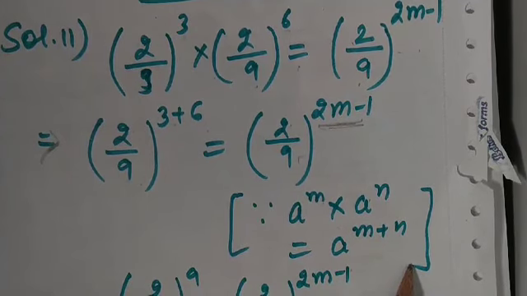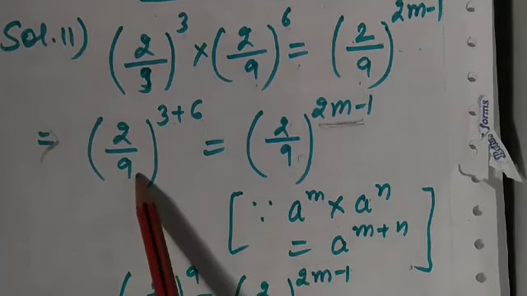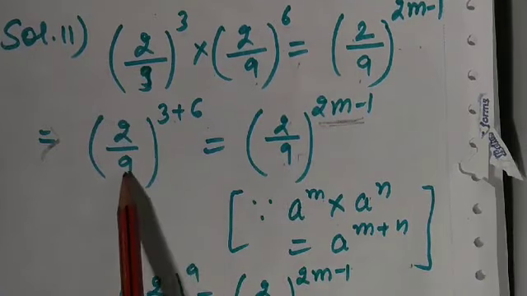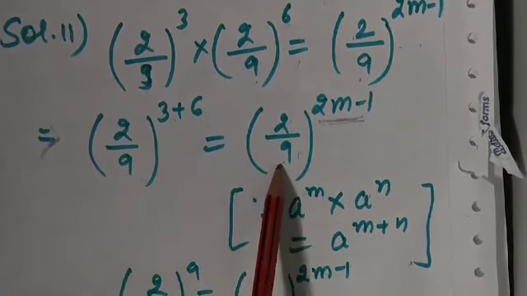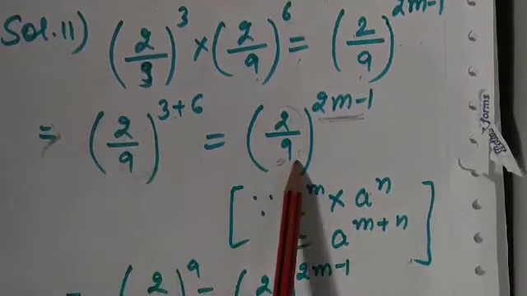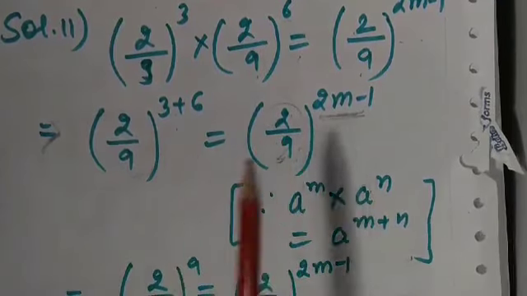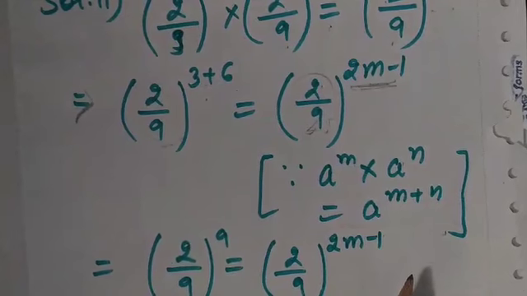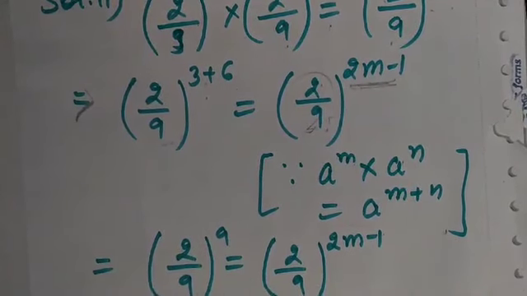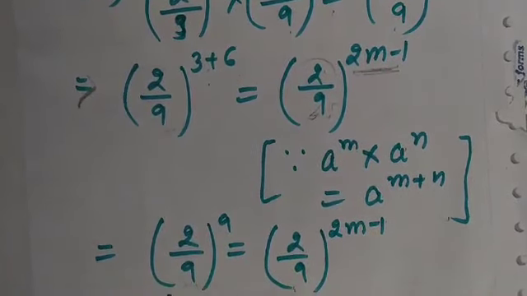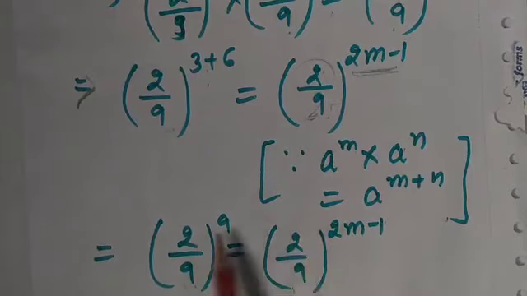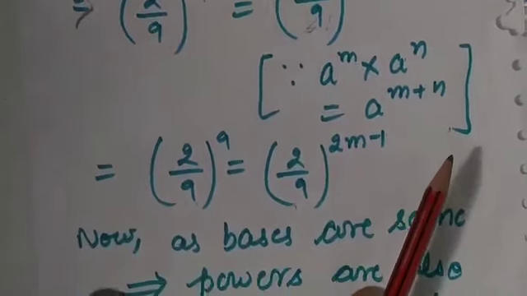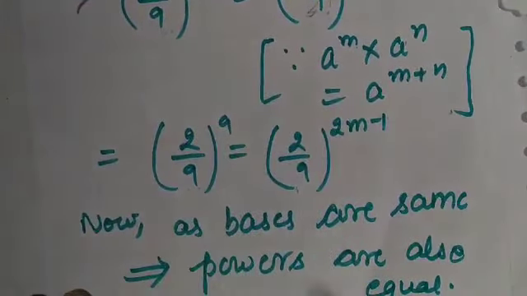Now we have learned that whenever we have two equal exponential numbers having same bases, then the powers will also be equal. So the same I have written in this equation.